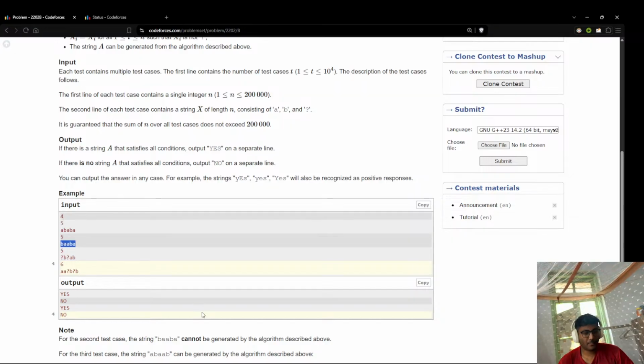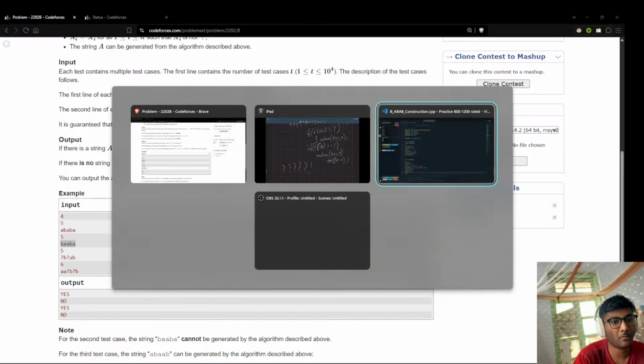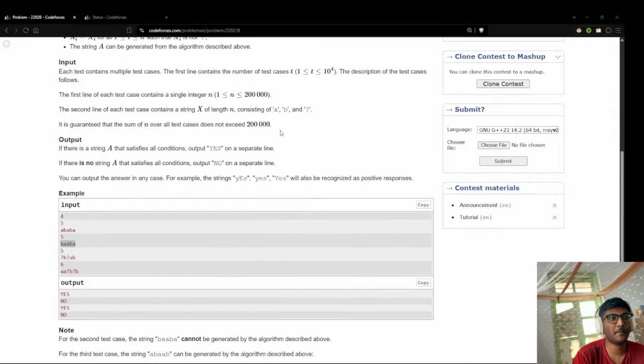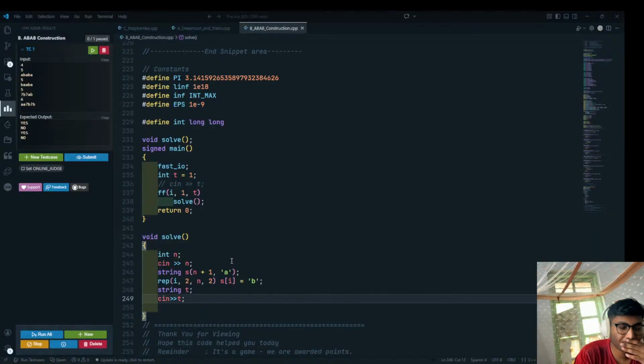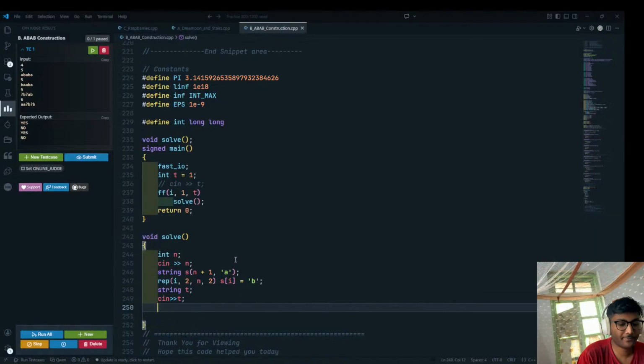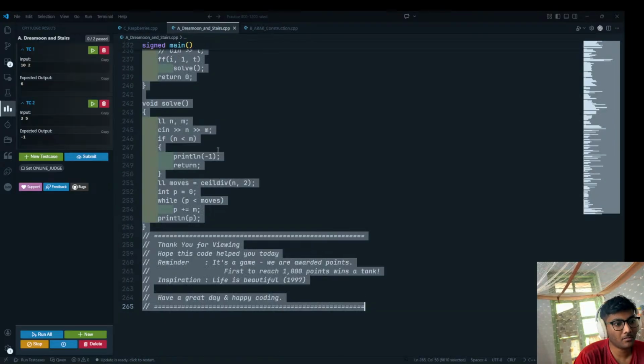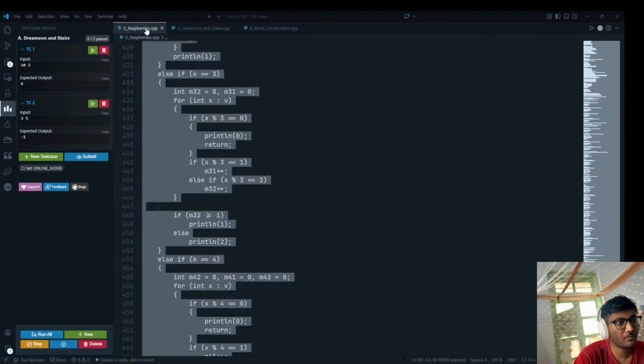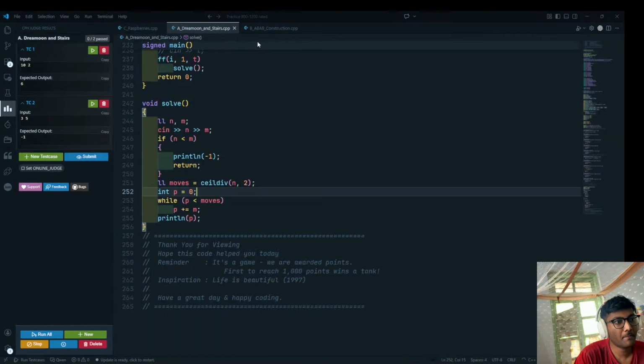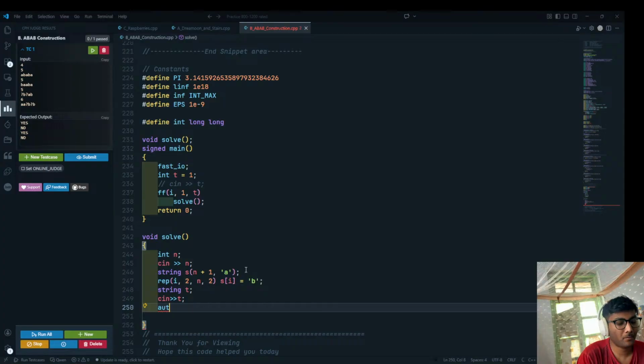Let's write this brute force first, then probably we'll try to optimize something. So let's use the recurrence function. Do I have the recurrence function? No, I don't.